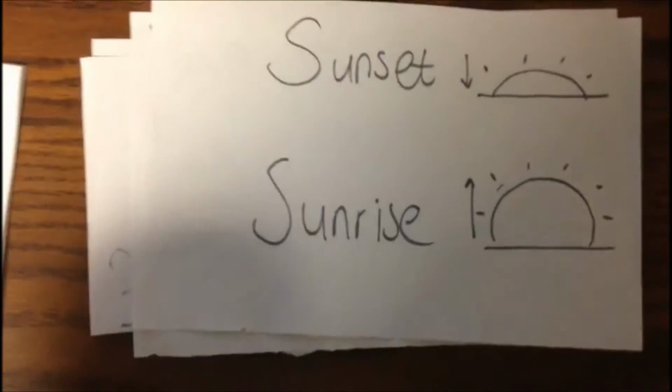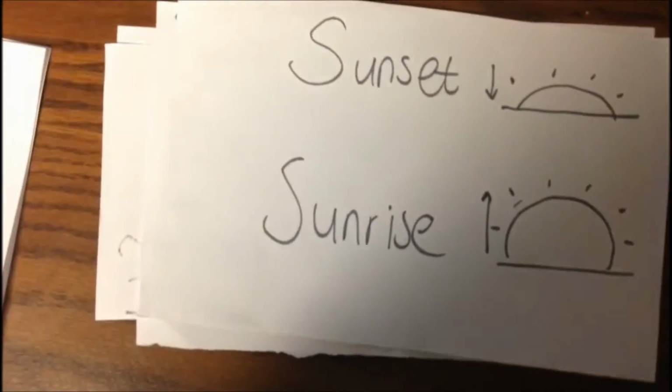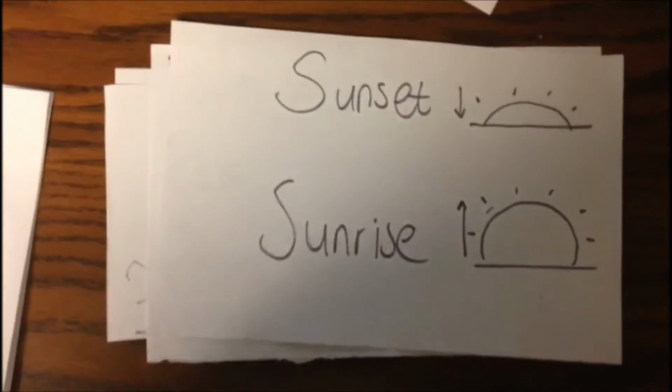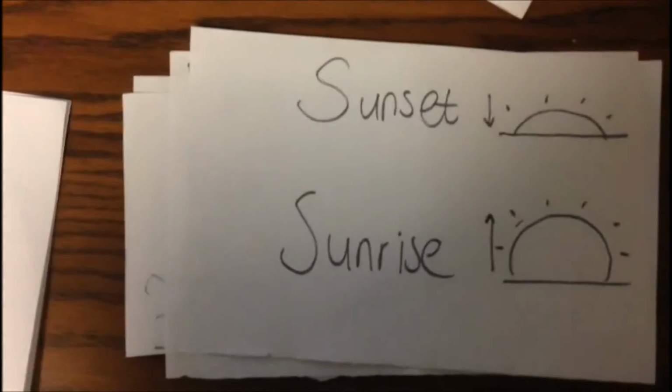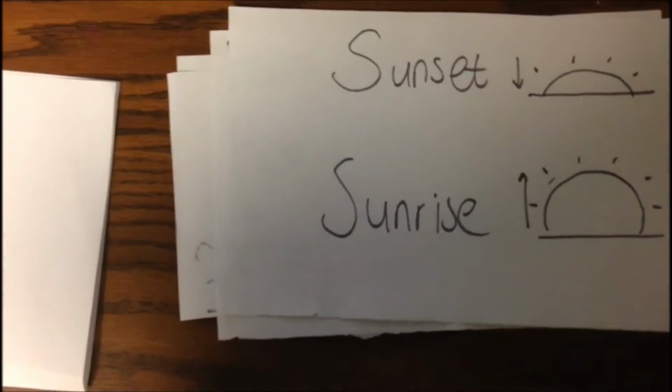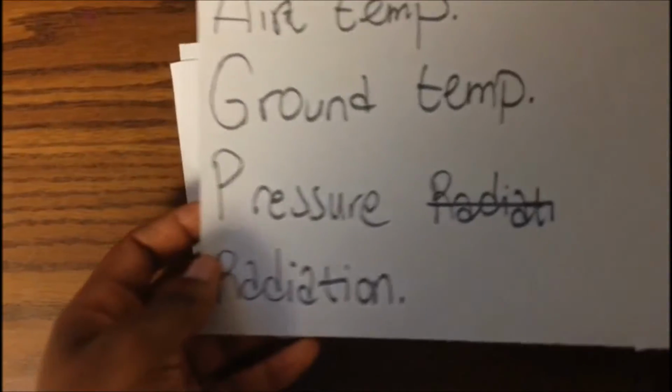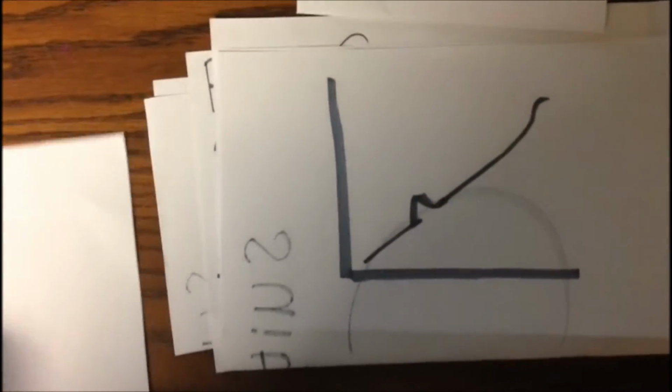And with this, it's then going to determine how much time has passed since sunset, or how much time it is till sunset, or how much time it has been since sunrise, or how much time it is till sunrise. And then the program is going to produce graphs for the variables we've given before, such as air temperature, ground temperature, pressure, and radiation.